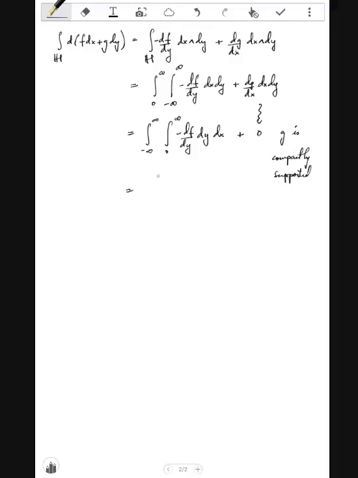And this term is the integral from minus infinity to infinity of f of (x, 0) dx, which is just equal to the integral over the boundary of H of f dx plus g dy restricted to the boundary of H.